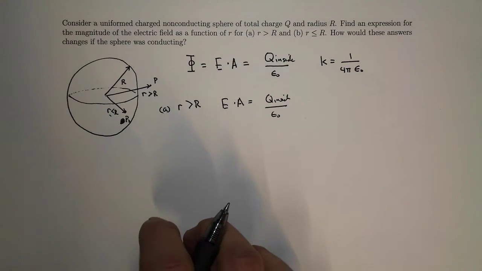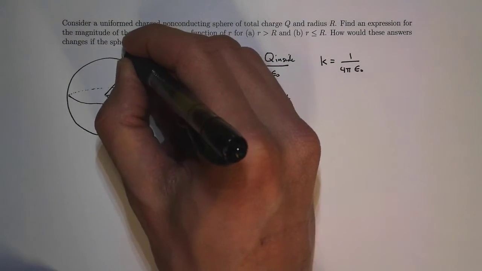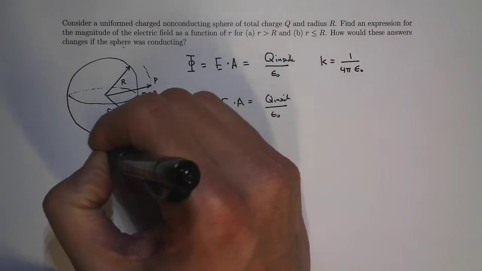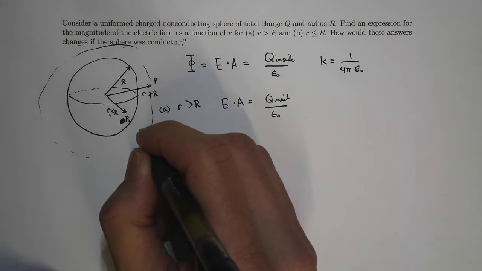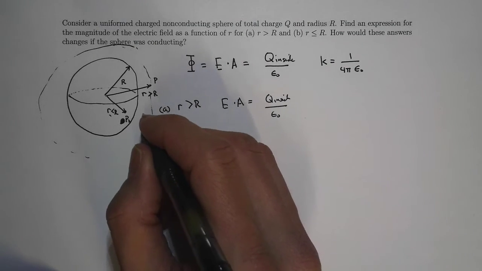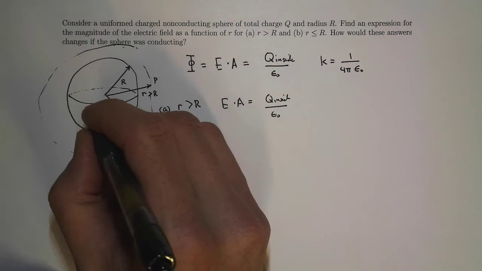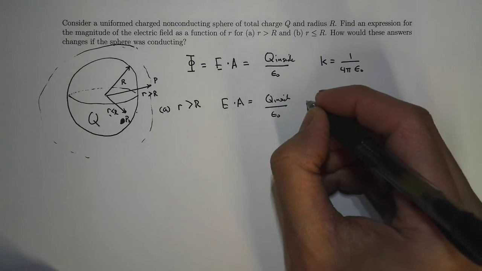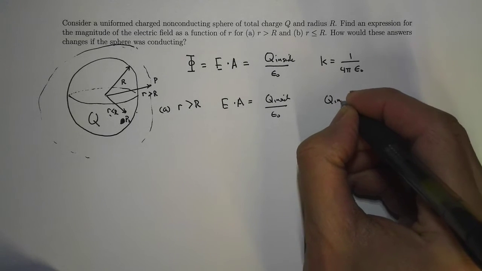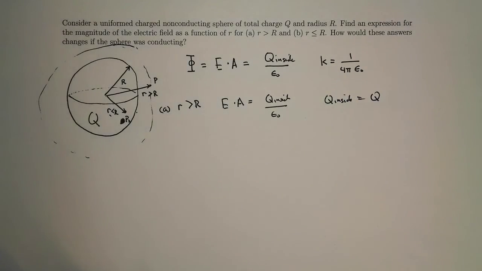The key idea is that for r greater than R, we draw an imaginary spherical shell around this thing. The charge contained inside is all the charge, which in this case is charge q. So q inside is equal to q.